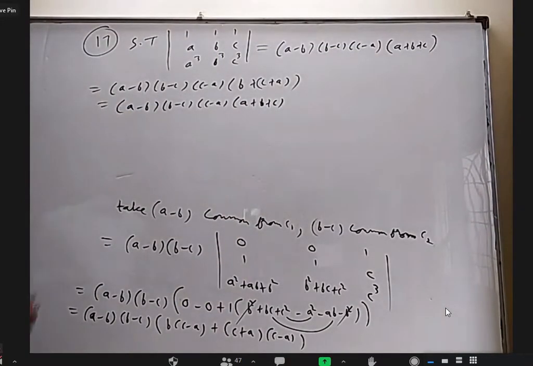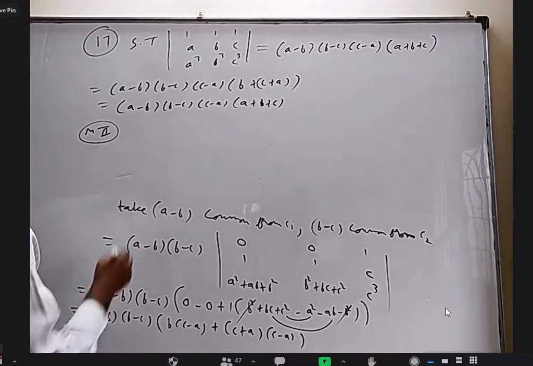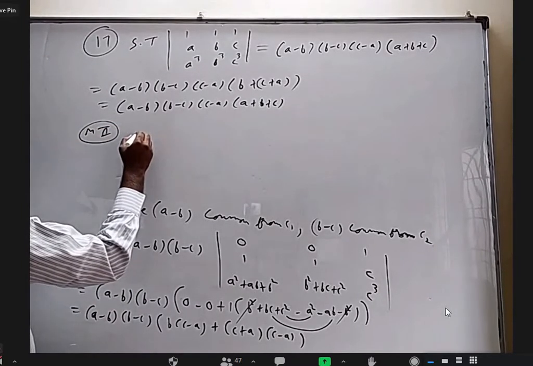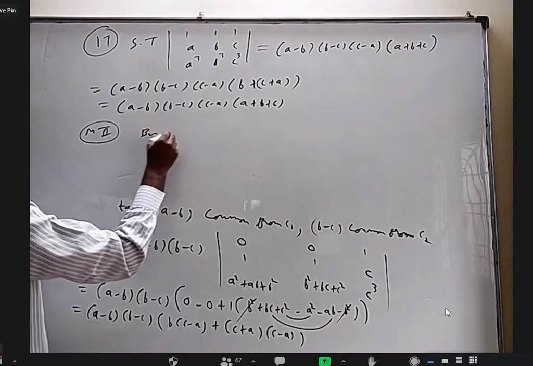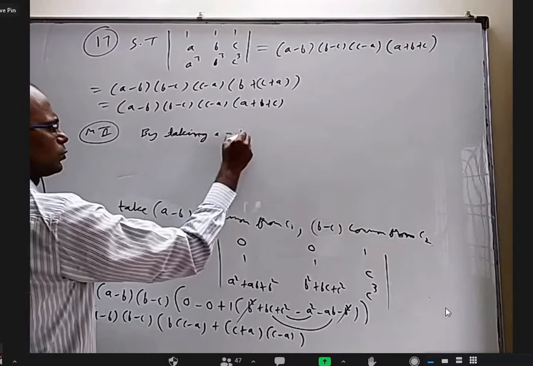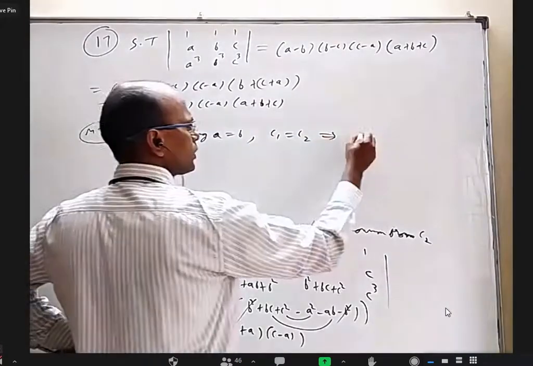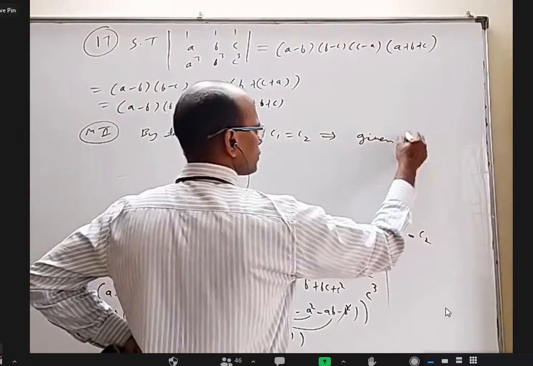Okay, method 2. By taking A equal to B, column 1 equal to column 2 implies the given determinant is 0.